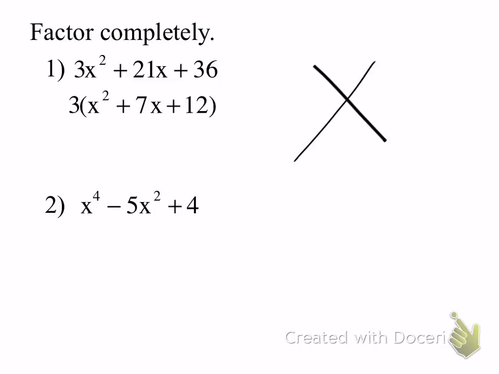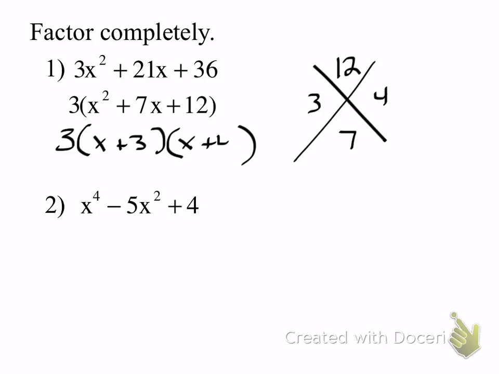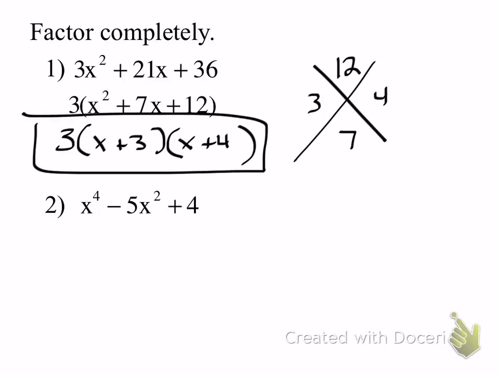So what multiplies to 12 but adds to 7? 4 and 3. And so that piece inside factors to x plus 3 and x plus 4. And so here is my expression fully factored. Does that make sense?